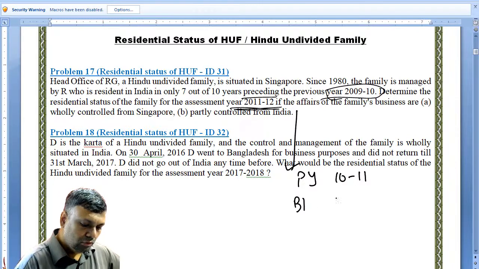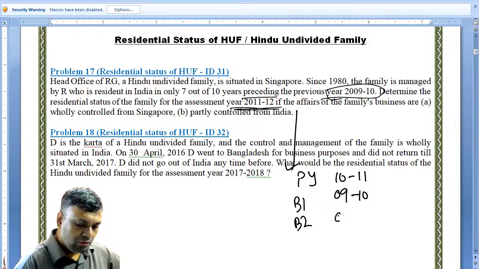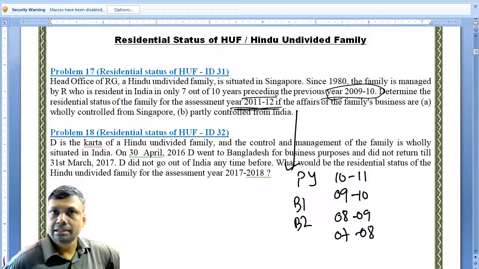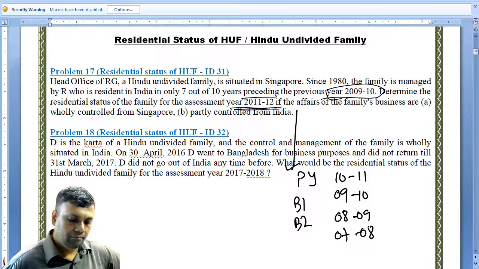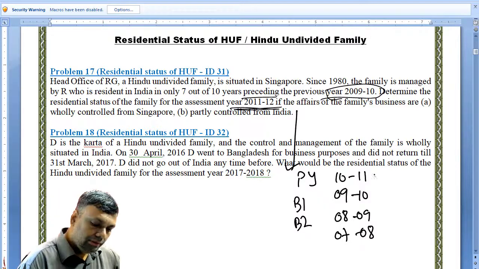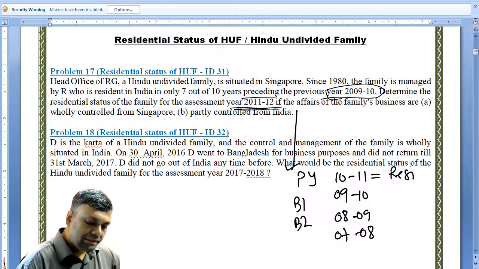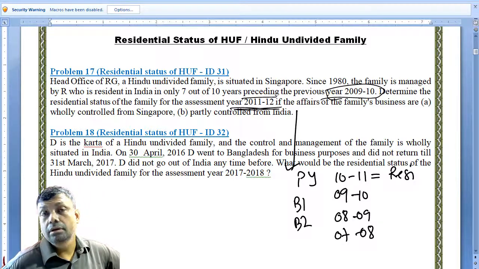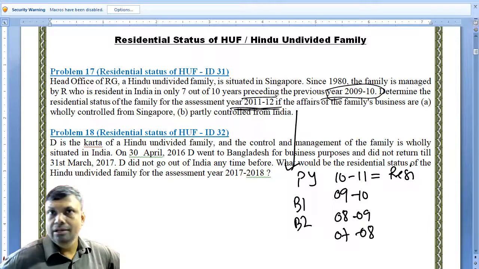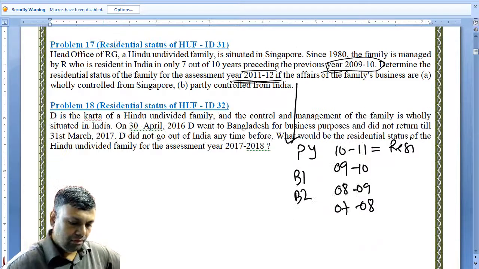Let me write here. So your before year is going to be 9-10. Before year is going to be 8-9, 7-8, etc. For this year, you have already decided that you are resident based on the test of control and management. Correct? So you are already resident.